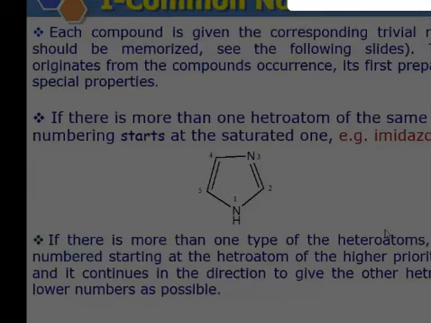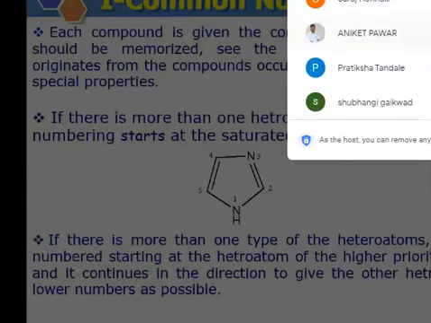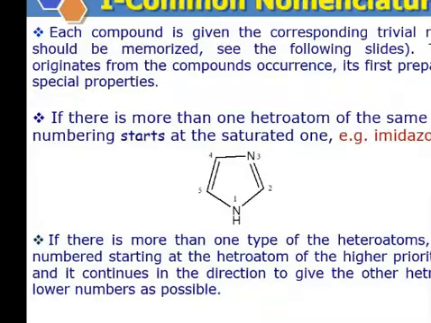Now, what are the commonly observed heteroatoms in heterocyclic molecules? The most common heteroatoms are oxygen, sulfur, and nitrogen. Only at very rare times can we come across phosphorus or selenium.